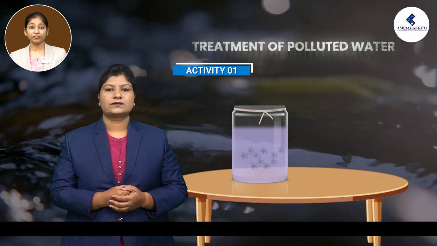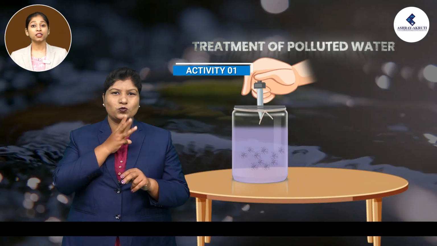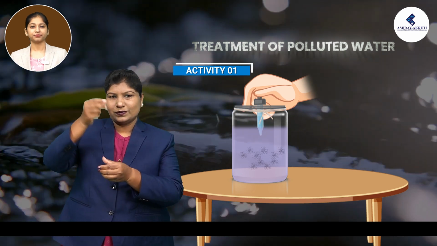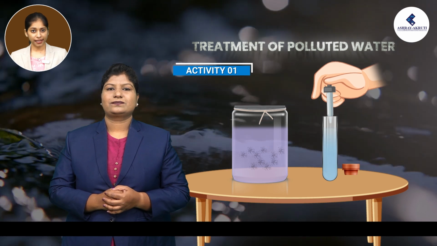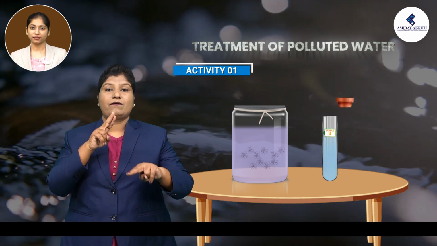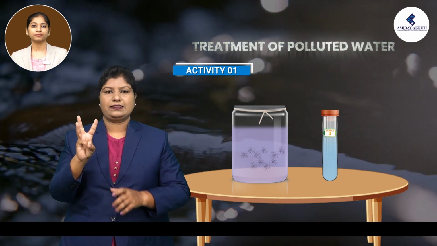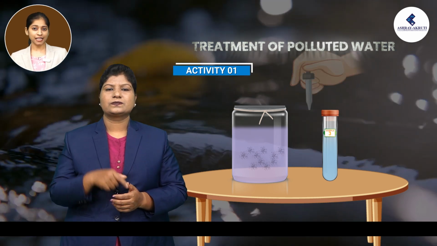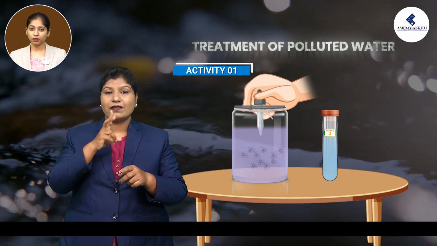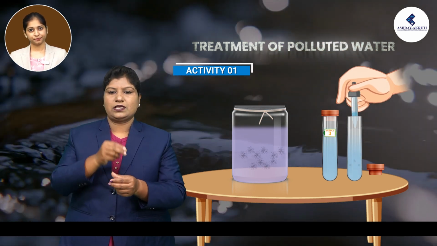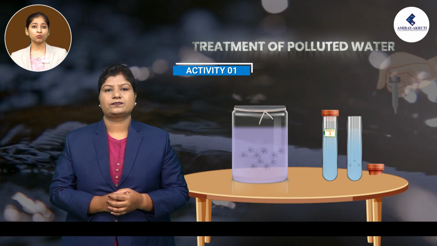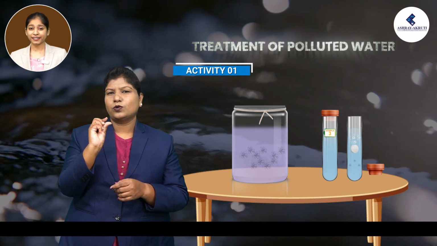Pour a sample of the filtered water into a third test tube. Labeled as filtered sample 3. Pour another sample of the filtered water into a fourth test tube. Add a small piece of a chlorine tablet.